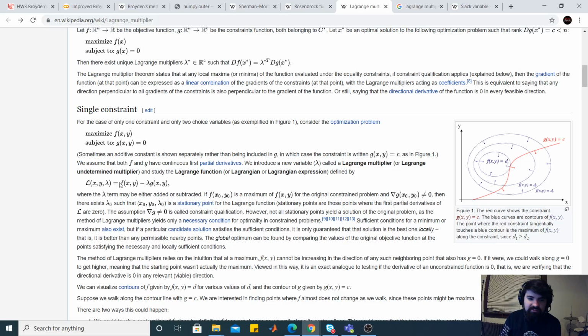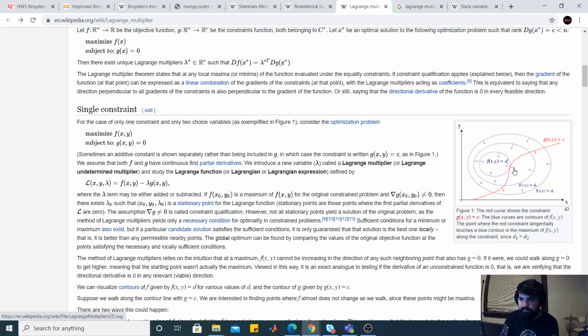The way I like to think about it is get rid of this thing and just set them equal, since we're solving this or minimizing this to 0. And we can get a more geometric idea. Over here, they tried to explain it that they want the gradients to be in the exact opposite direction.